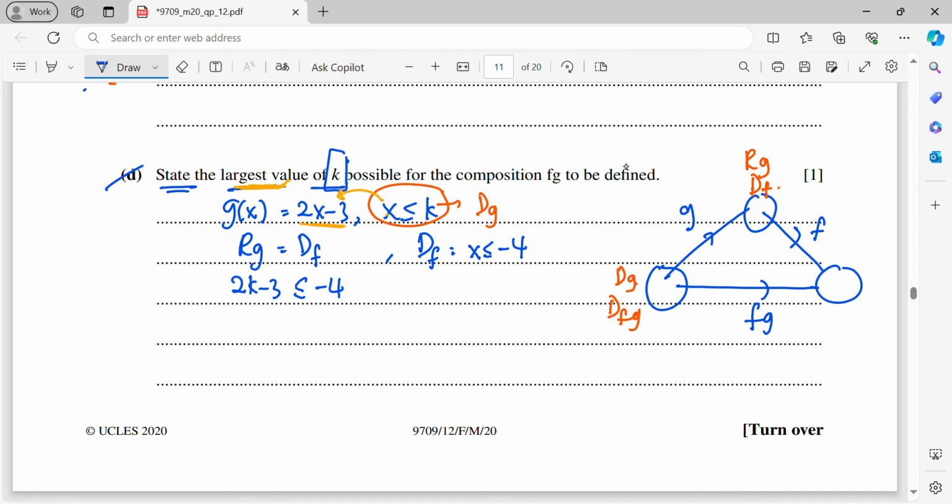So then from here, I will get 2k less equals to minus 4 plus 3 is minus 1, k less equals to negative half. So my largest k, you can accept any k values less equals to negative half. Therefore, my largest k is negative half. Okay, less than equals to negative half. So it can be more negative, but the largest value is exactly negative half. So this is the solution for part D.